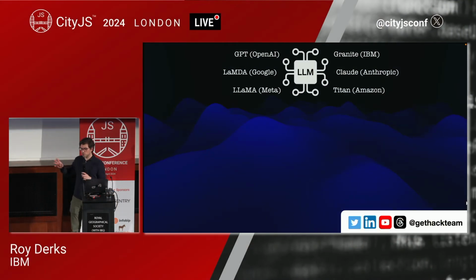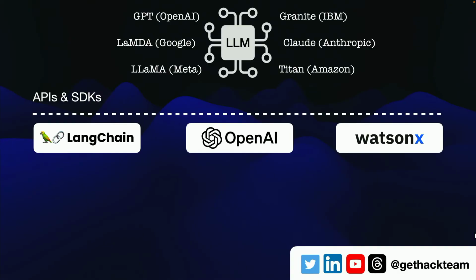So all these models are available somewhere, either really cheap or by getting them to run on your own systems. But as a developer, you're almost never directly interfacing with these models, because it would mean you need to have it running somewhere where you can access it directly. So typically, you would interact with these through APIs or SDKs. And if you're looking at providers of these models, you can typically find that they have REST APIs or SDKs that you can use.